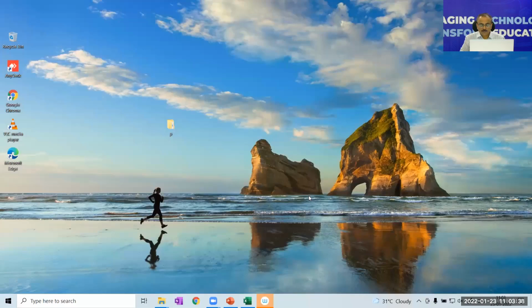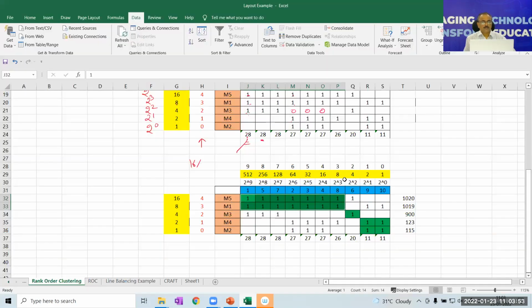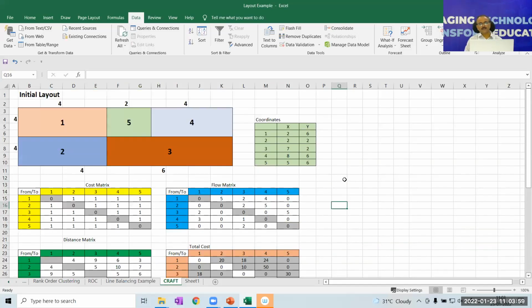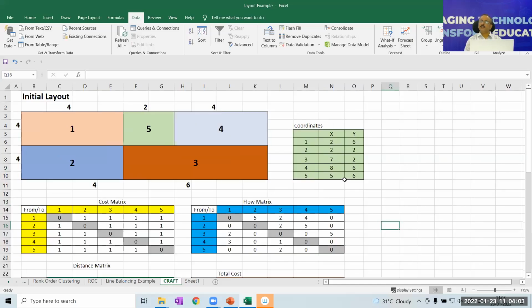Okay, so this was about the rank order clustering algorithm by which we can form the groups. As part of systematic layout planning, we looked at forming the layout, and based on the initial layout that is created, we can improve that layout based on pairwise exchange.